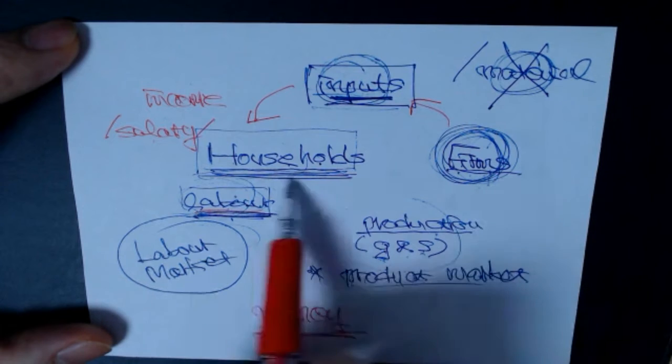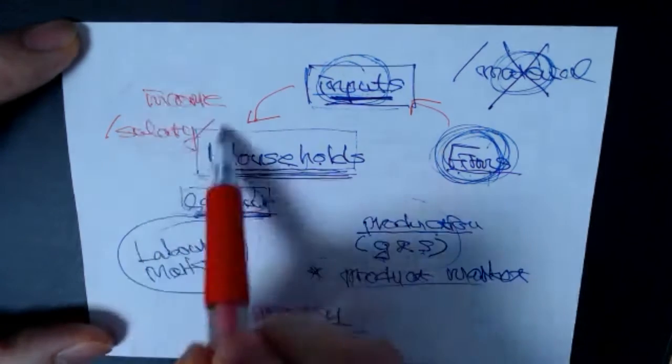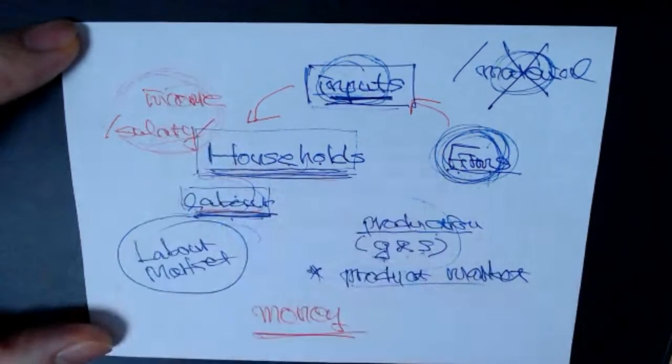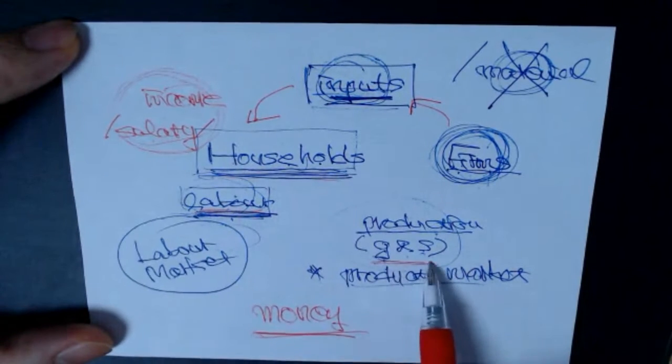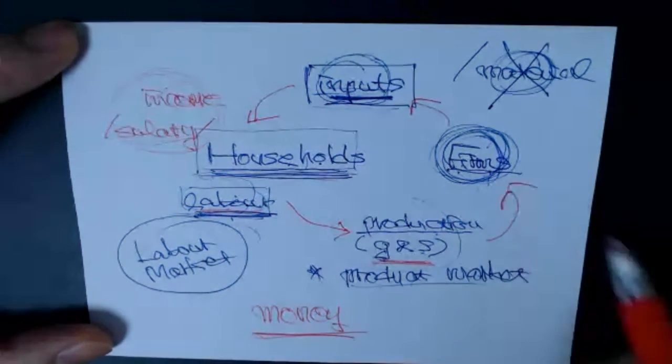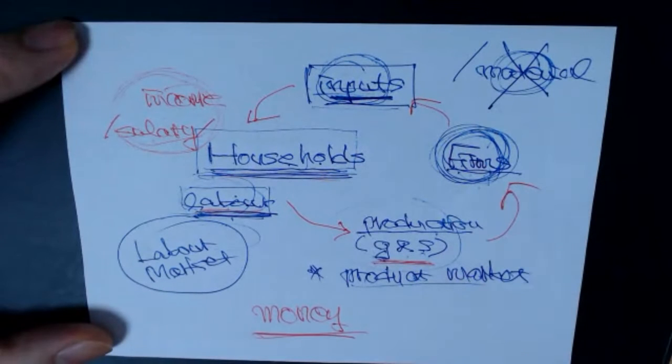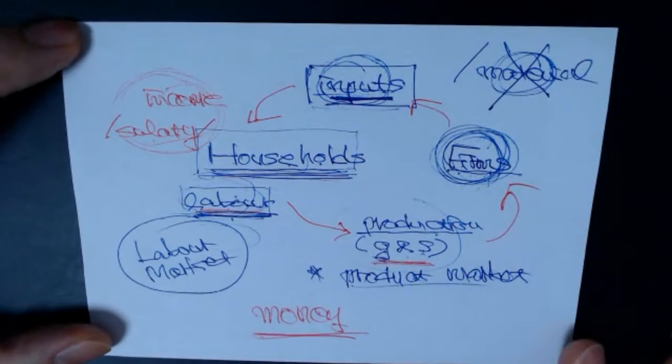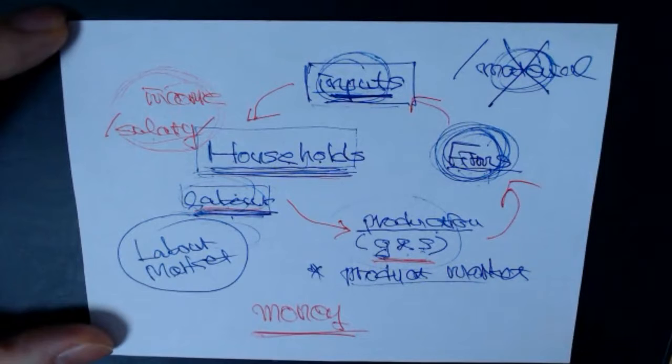And then these households will spend their income to purchase goods and services. So firms will raise their revenue. Okay. So this is the basic diagram to describe economic activities.